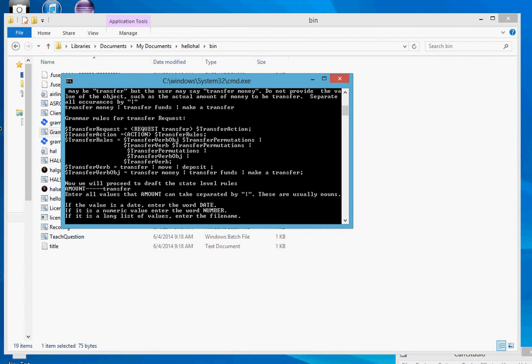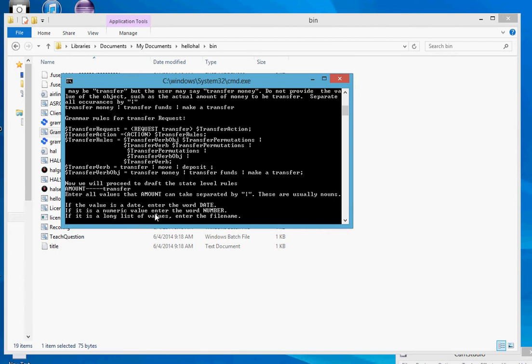Okay, so now the Grammar Pro program has gone to the next step, which is now looking at the various states. But also notice that it's created a first portion of the grammar that allows it to understand the different ways users are going to say the word transfer. But in any case, we are now in the amount state, and here we're going to say what an amount is.